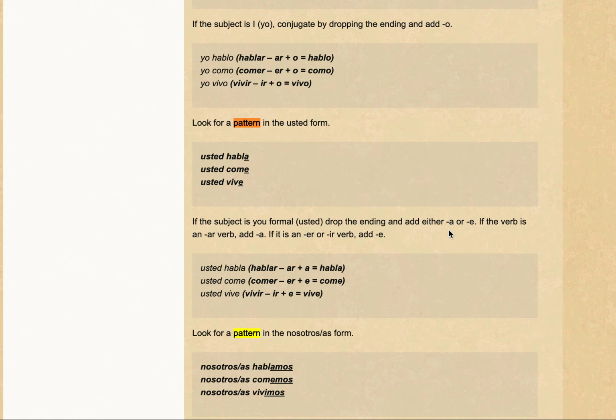So if it's an ER or an IR, you would add an E. ER contains E, and IR would also be E. So usted habla. In terms of comer, because it's ER, you remove ER and add an E: usted come. And vivir, you remove IR and add an E.